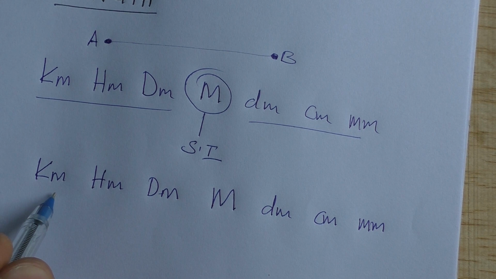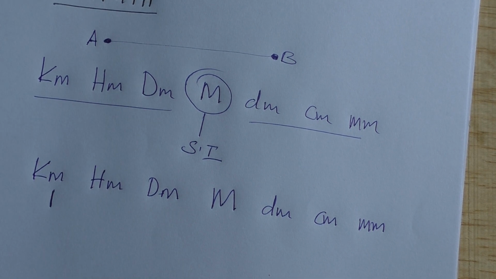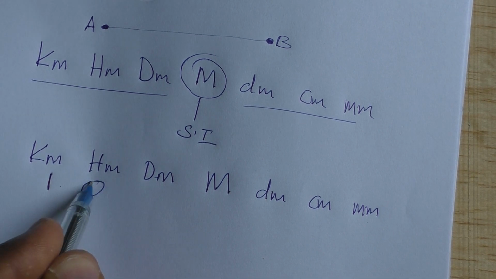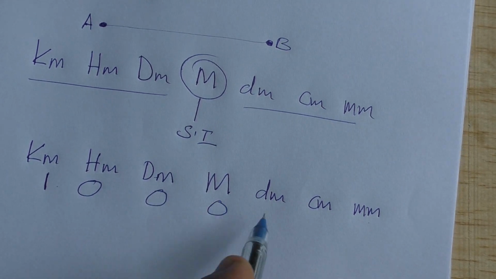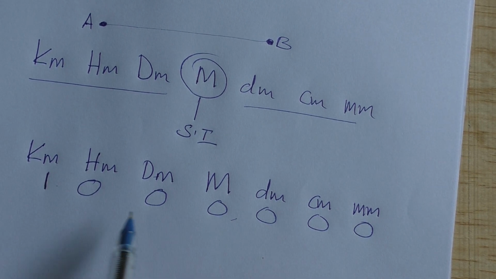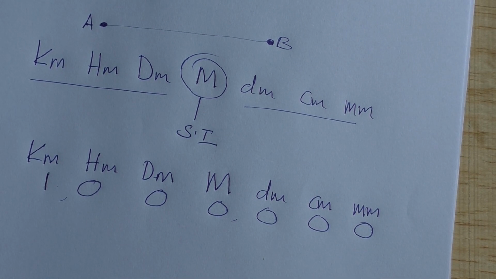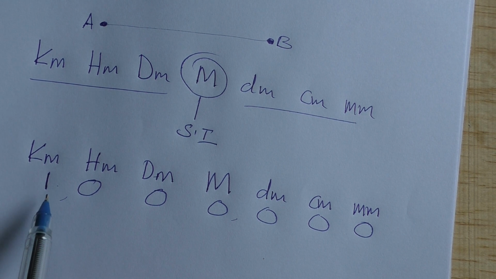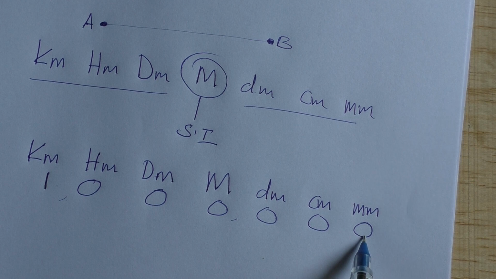So if I'm converting 1 kilometer to a millimeter, that means that 1 kilometer equals a million millimeters. That is if I'm converting a kilometer to a millimeter.